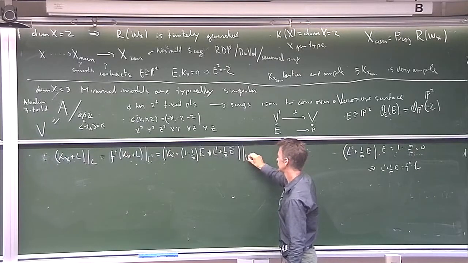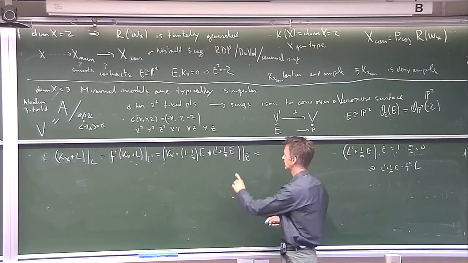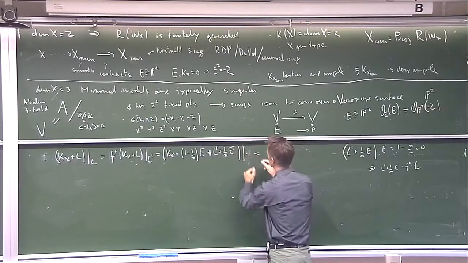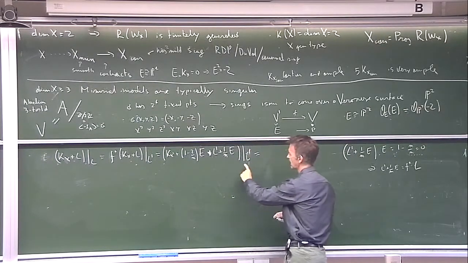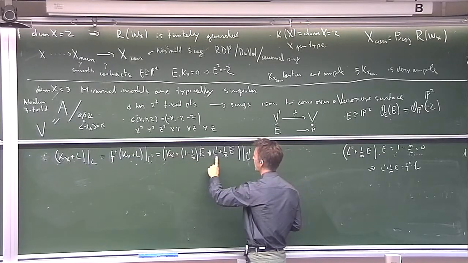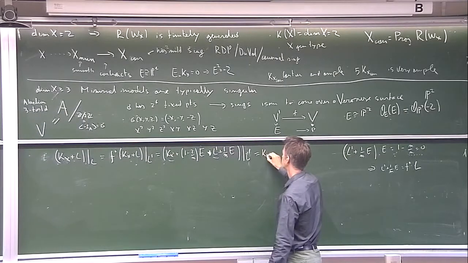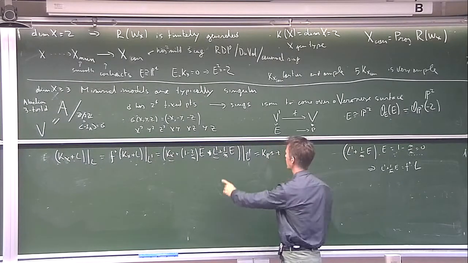I restrict this to, sorry, not to E, to L'. So what do I get? K_X' plus L', so this guy and this guy, is going to give me K of P^1. But then what do I get here?